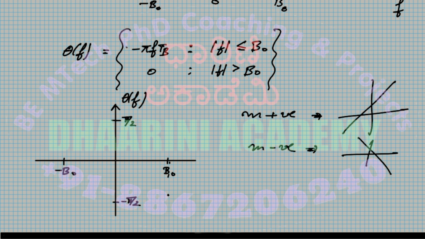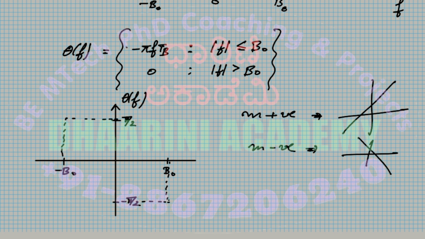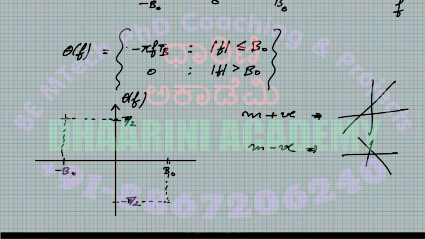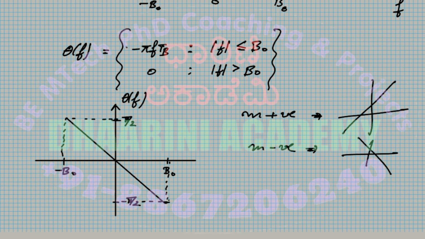So you see its response will be something like this, from this point to this point. It's a straight line. It starts from this point, passes through the origin and reaches the other point. So this is the phase response of h of f.